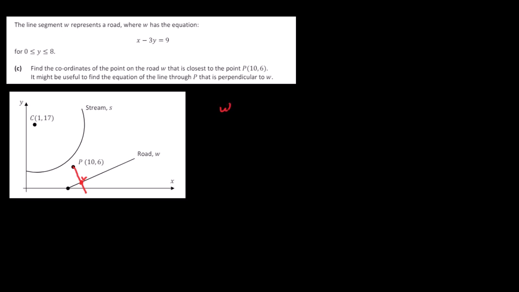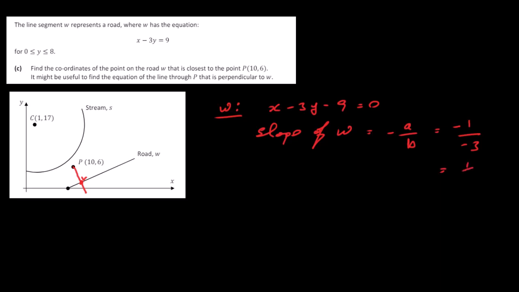So let's look at W first of all. W has equation x minus 3y minus 9 is equal to 0. So the slope of W is just going to be equal to minus a over b. In this case, it's minus 1, this is the a here, the coefficient of x, over b, which is minus 3, so that's 1/3.